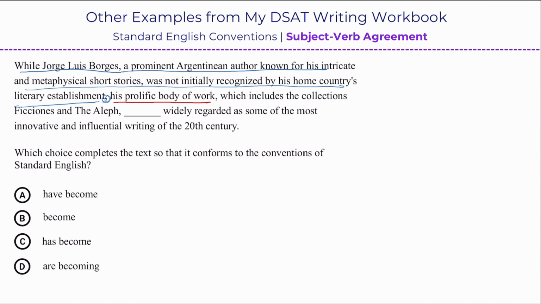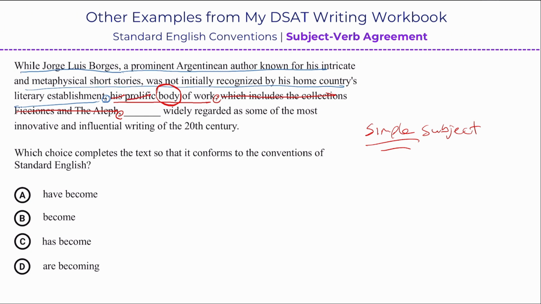Okay, so what's my simple subject, you guys? Do you know what the simple subject is? The simple subject of this sentence is the word body. All right, how do I know that? Because it's the noun that comes after adjectives, like his prolific, and it comes before prepositional phrases. Of work is a prepositional phrase. Of is a preposition, of work is a prepositional phrase.